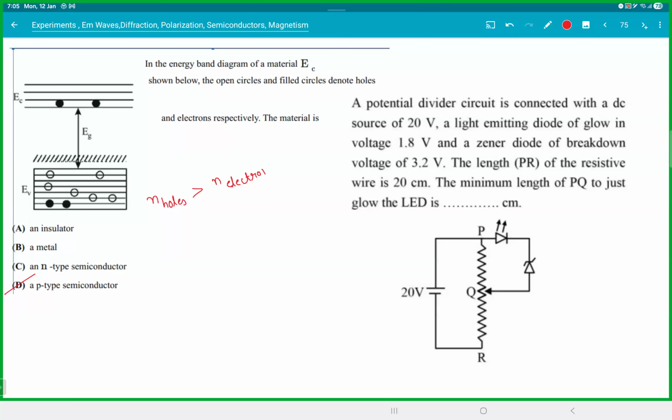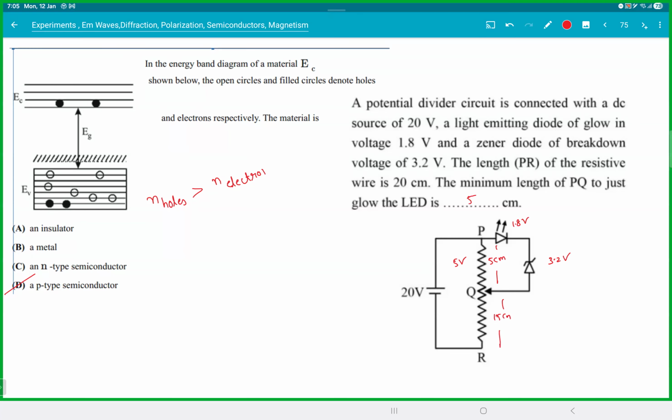What about this guy? A potential divider circuit is connected with a DC source of 20 volt, and this is straightforward. And a light emitting diode of 1.8 volt. So this is 1.8 volt, and this thing is 3.2 volt. So you need 5 volt. That means this length must be 5 centimeters, and this must be 15 centimeters.